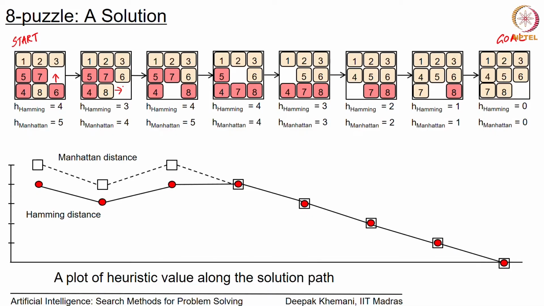So, the number of tiles out of place turns out to be equal in this example to the Manhattan distance, and we can see that after going over this local maxima, irrespective of which heuristic function we use, eventually we go down to a heuristic value of 0, which corresponds to the solution. But hill climbing would have got stuck either here or in fact here for both the heuristic values, and it would not have moved any further essentially.